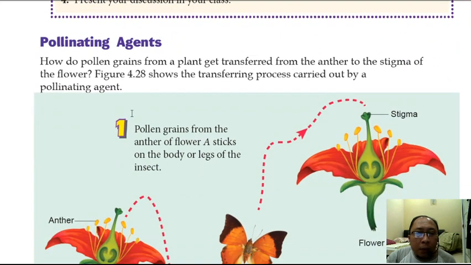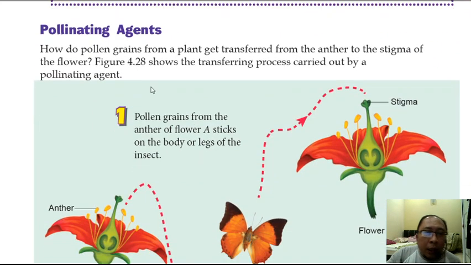Next, we go into the pollinating agent. In order for pollination to occur, the flower or the plant needs help from another agent. We call it a pollinating agent. So how does the pollen grain from a plant get transferred from the anther to the stigma of the flower?